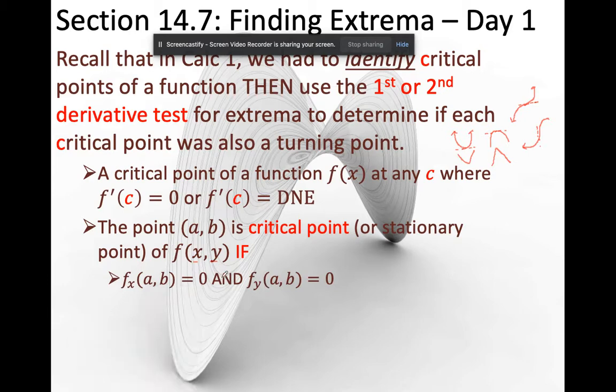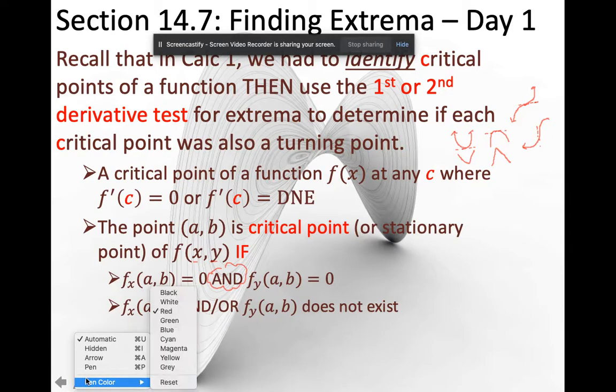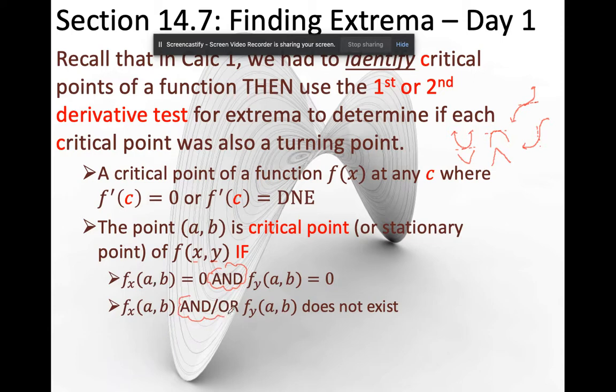That is an and statement. Or if either partial does not exist, either or both. So very similar, right? It's just that I have to have the first derivatives, plural, be equal to 0 or not exist.